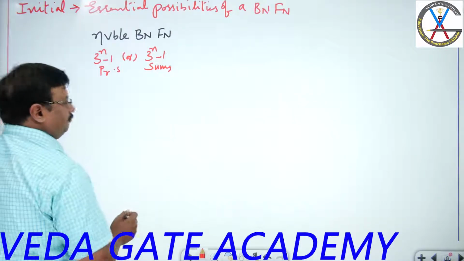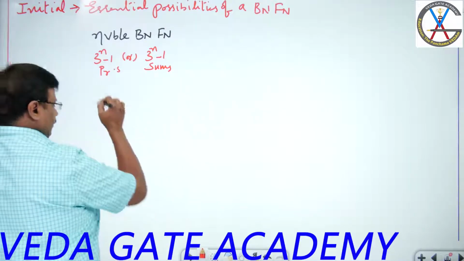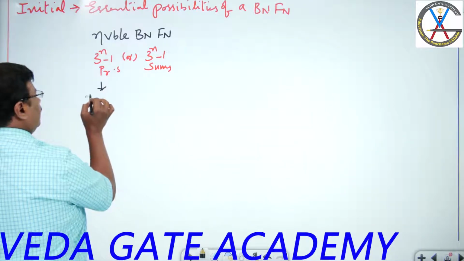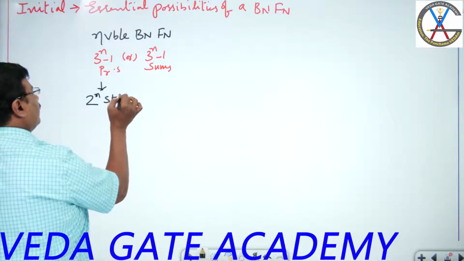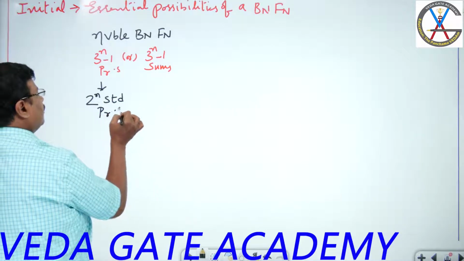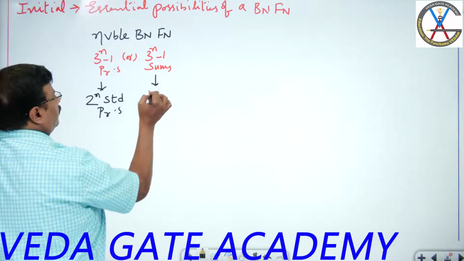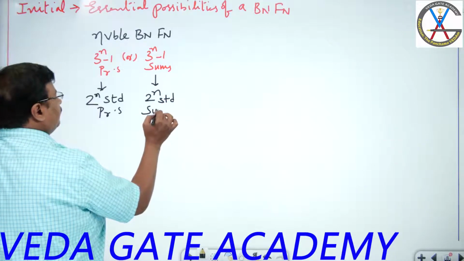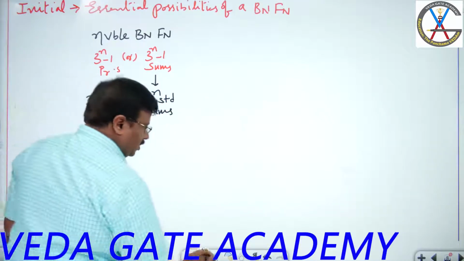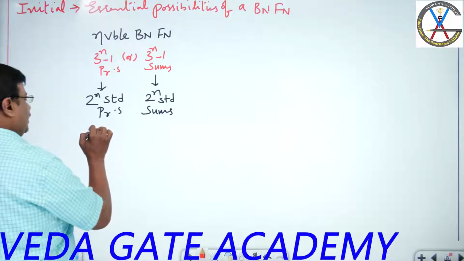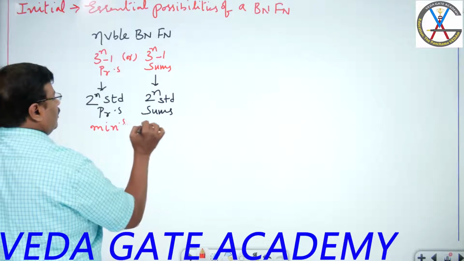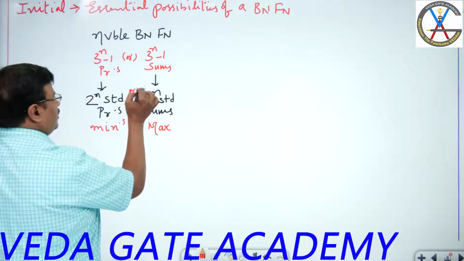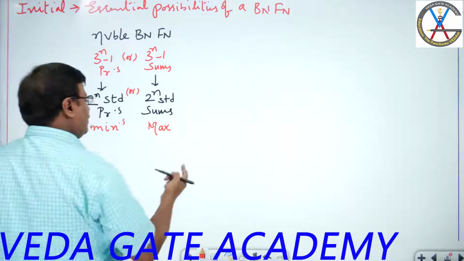From here, the next level is 2 power n standard products or 2 power n standard sums. Standard products you call min terms, and standard sums you call max terms.